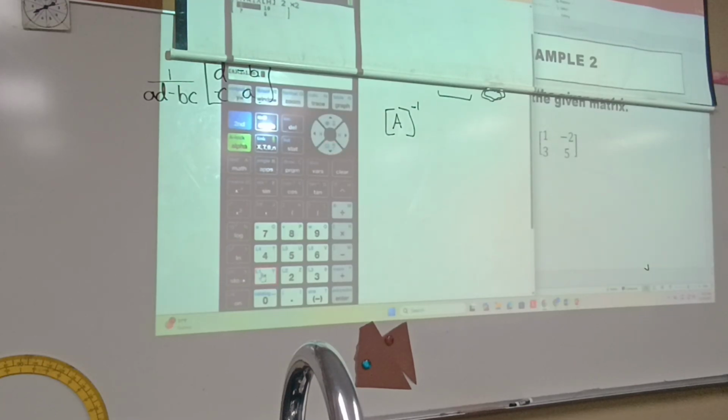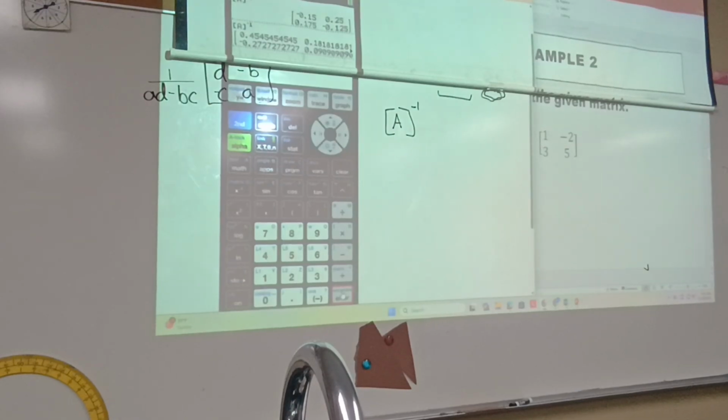I'll show you the next step we're going to do. But if you can do this, you can do half of it. No, write the matrix. This is what I got when I did it.